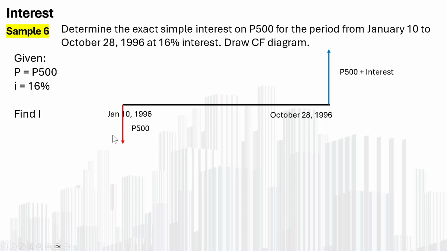But how are we gonna proceed with this? We first try to determine the exact simple interest, we know January has 31 days. You can check the techniques for this before.